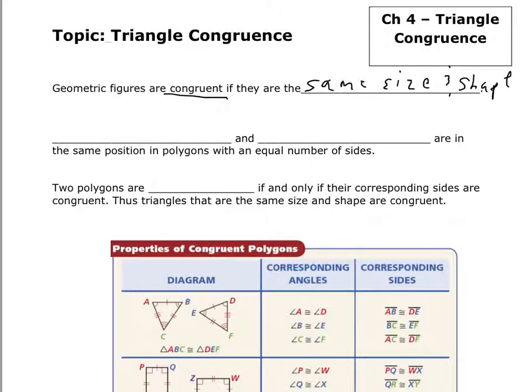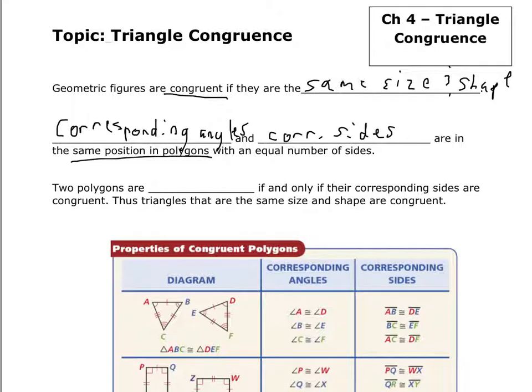The next part is that corresponding angles and corresponding sides are in the same position in polygons and an equal number of sides.